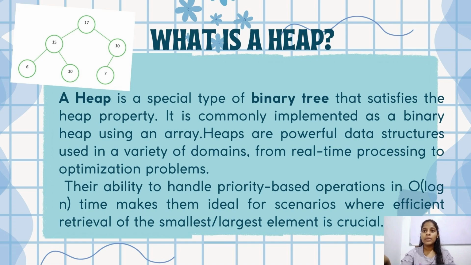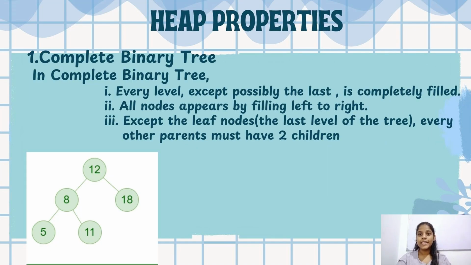To create a heap from a binary tree, the parent node is either greater than or less than the child node. Heap properties. Complete binary tree. The properties of a complete binary tree are also aligned with the heap tree.